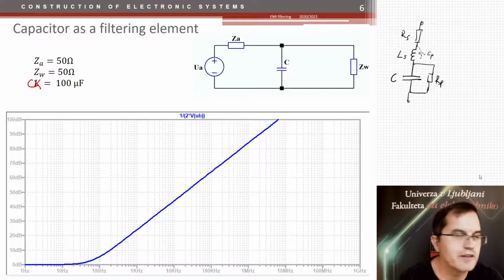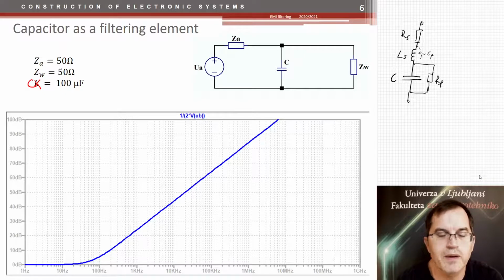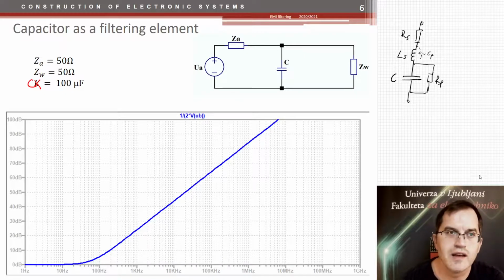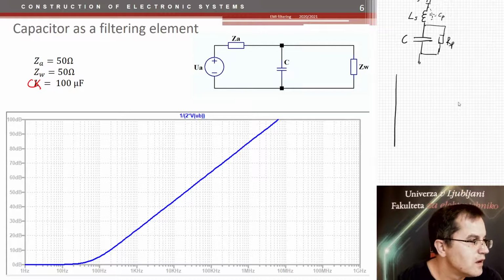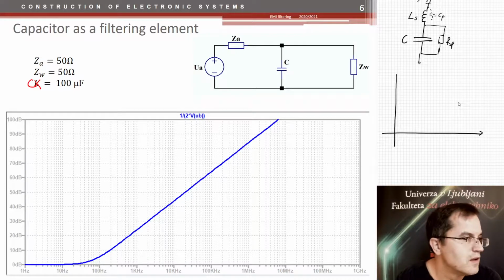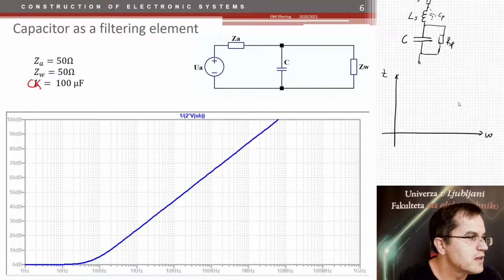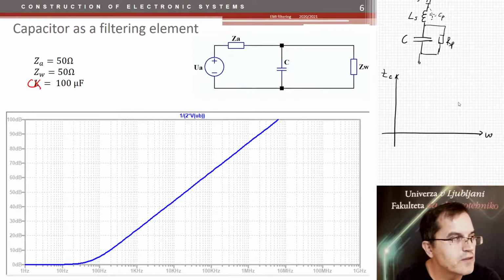So many different capacitances and inductance as non-ideality elements. So that capacitor, if we draw its impedance again versus frequency, at very low frequencies the impedance is very large.